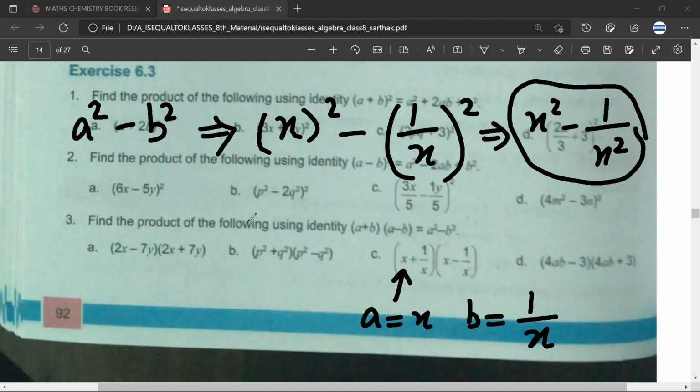So for example, let me do another question from this. In this question, my x is p square and my y is q square. Have you understood, Sarthak? Yes. So let me put the values here.